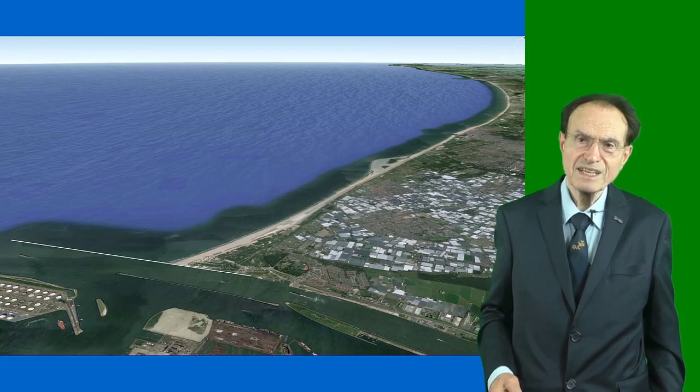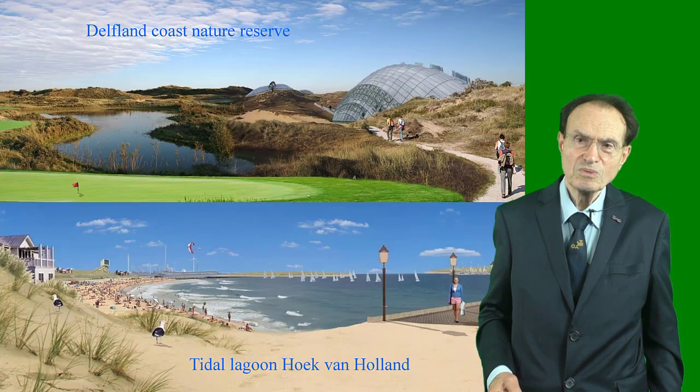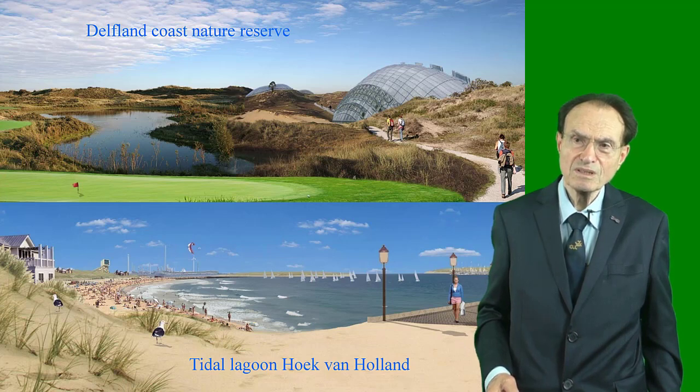We are going to extend the Delftland coast with a new nature reserve area, with walking and cycling paths and eco-domes, and we create near Hoek of Holland a tidal lagoon with a fishing harbor also used for offshore servicing.